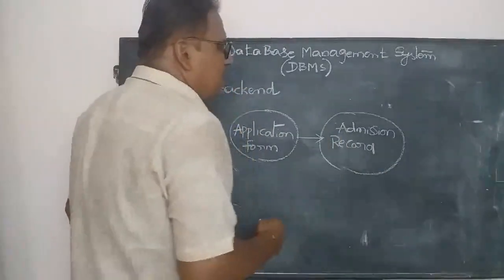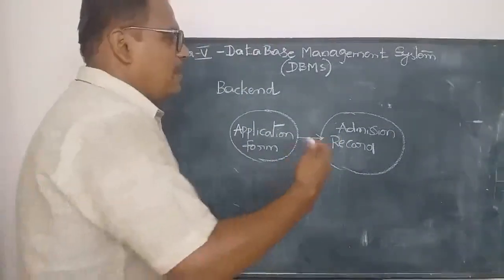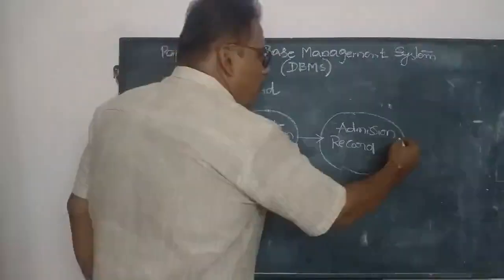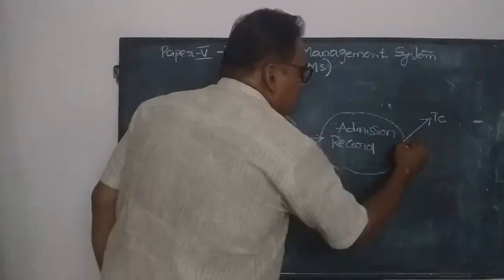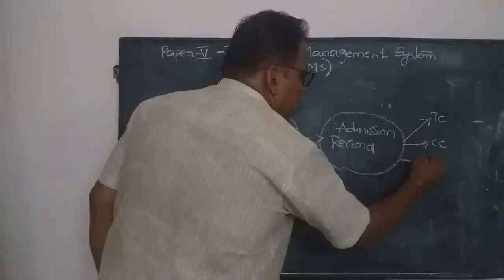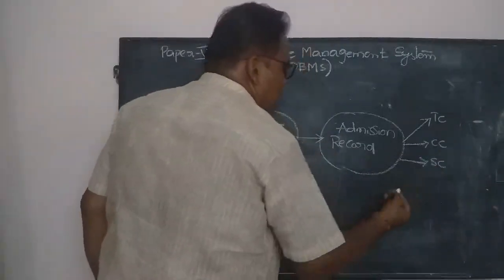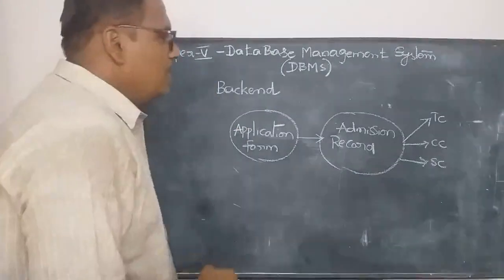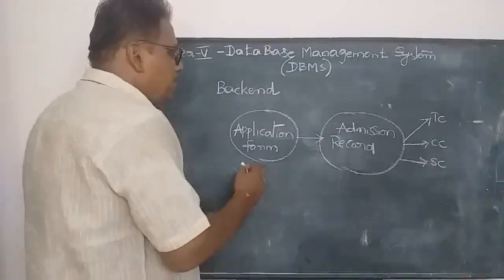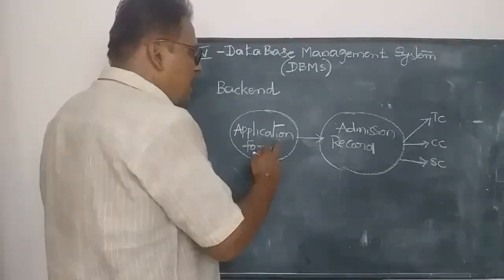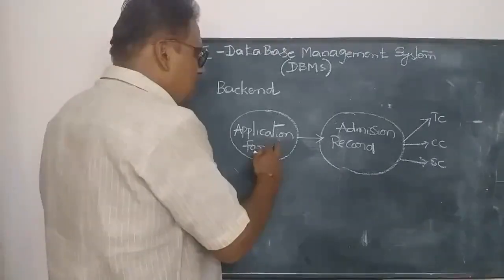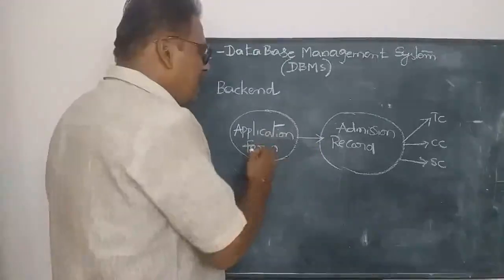What is the purpose of this admission record? After completion of your course, we will produce TC, CC, SC, etc. So, remember one thing: when you are getting admission in this college, a prescribed format is there.